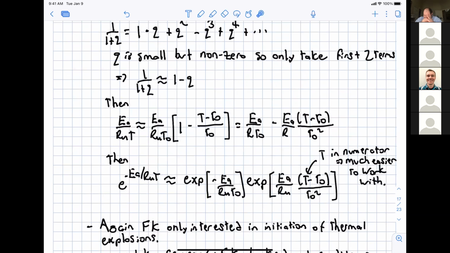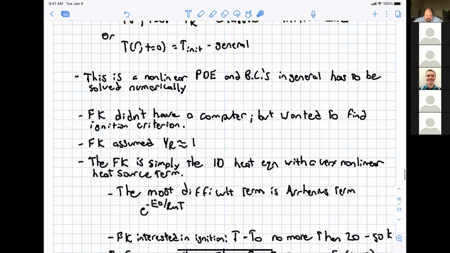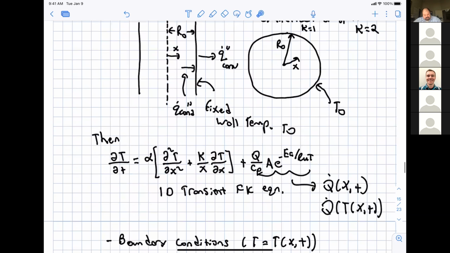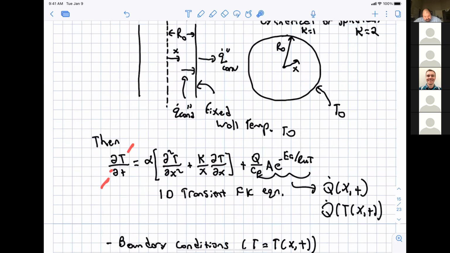It's mainly used by theoreticians wanting to solve things by hand, because they can't solve this full equation here, even if it's steady. It's impossible to solve by hand, and that's because of this culprit right here. That's it for today. Are there any questions?